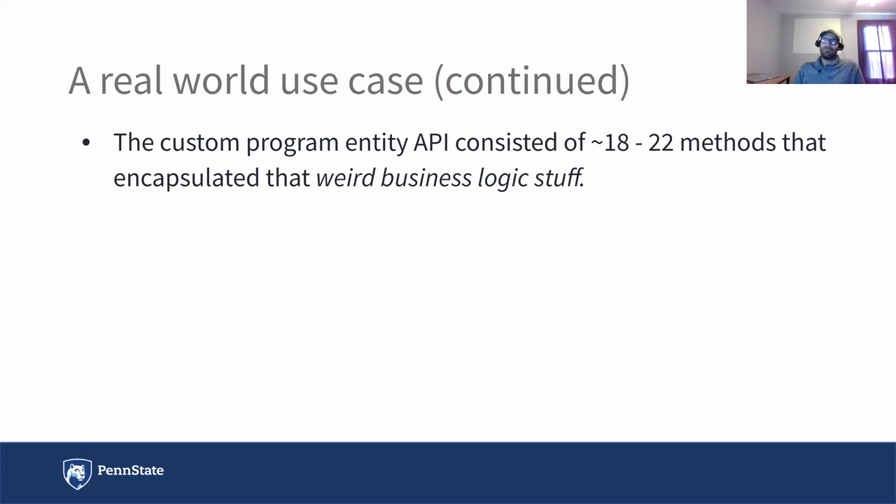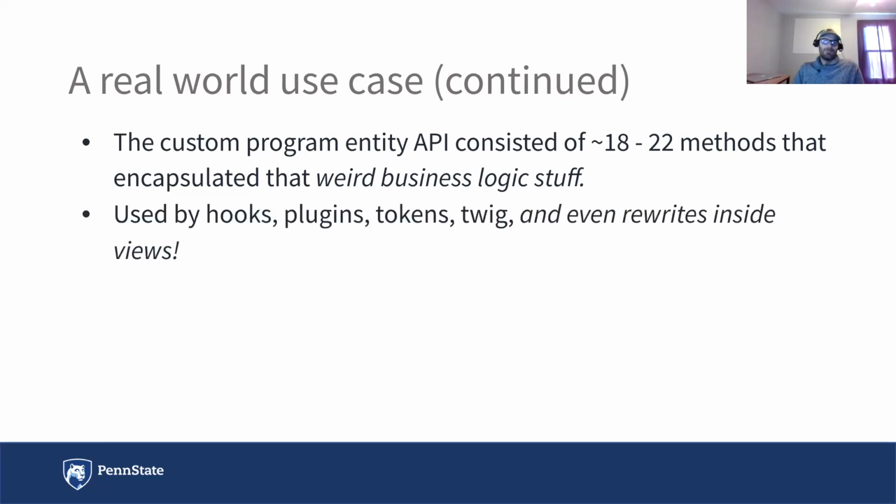Right click and find references. It worked amazing with these methods. We used the API in hooks, plugins, tokens, twig, field rewrites inside views, pretty much every place you could imagine. We were relying on this API, and it was working out great.